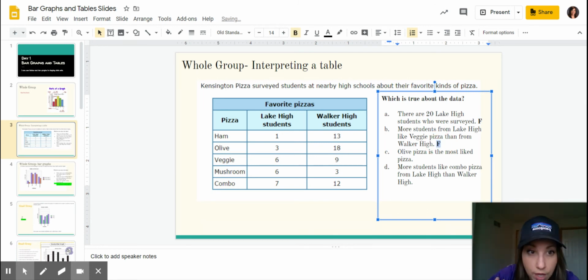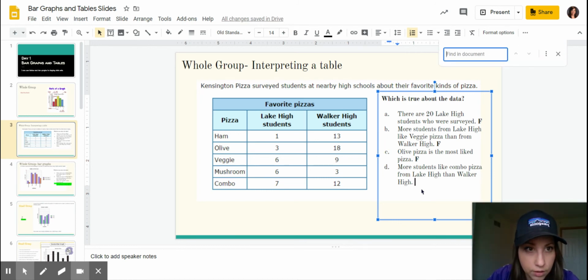And that guy is also false. Not true. Olive pizza is the most liked pizza. Not at Lake High. It might be true at Walker High, but it wasn't true at both. So I'm going to say false. More students like combo pizza from Lake High than Walker. That one's also false. I think I might have made a mistake. Which one is true about the data?